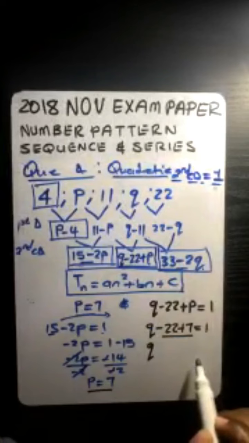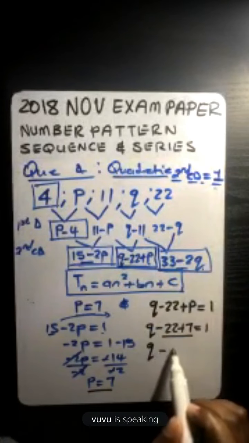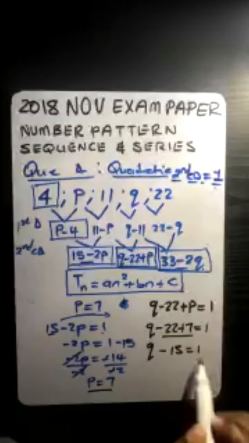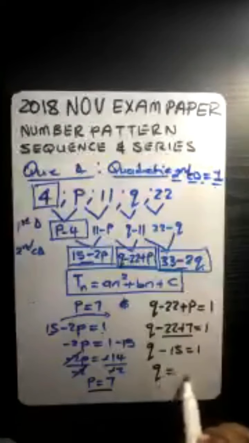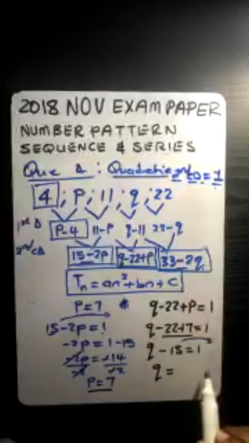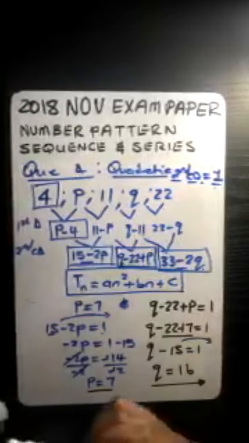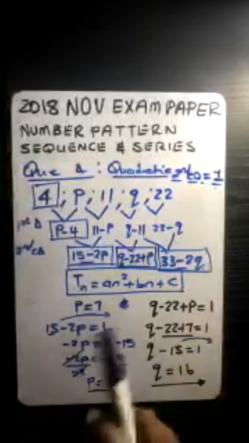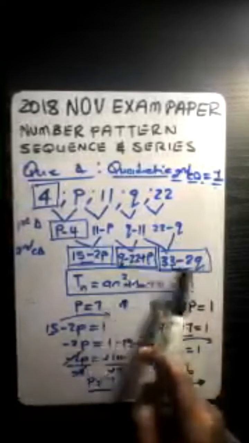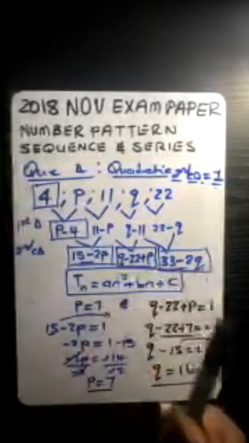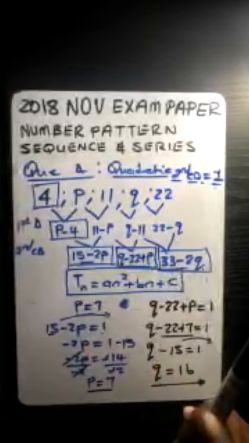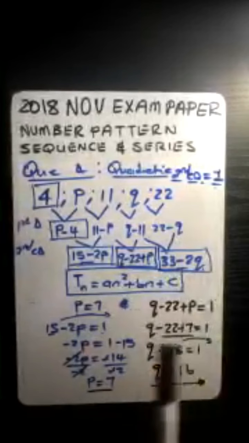Is it 15? Yes, negative 15. Then Q is equals to 16. So you will still get the same answer. It's only that between these two, this one is a shortcut and this one is a bit lengthy. You will need to know your P value there. Did that make sense?